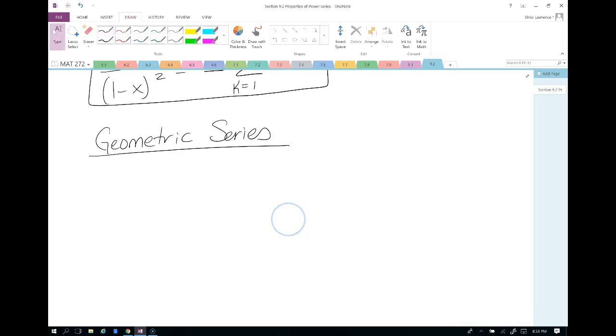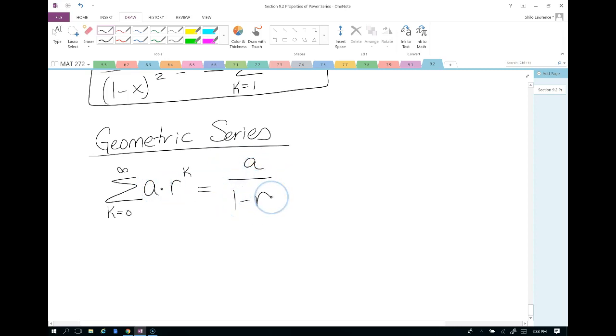And remember back to when we were talking about geometric series, where if you've got the sum from k equals 0 to infinity of a times r to the k, if this is convergent, then it always converges to a over 1 minus r.